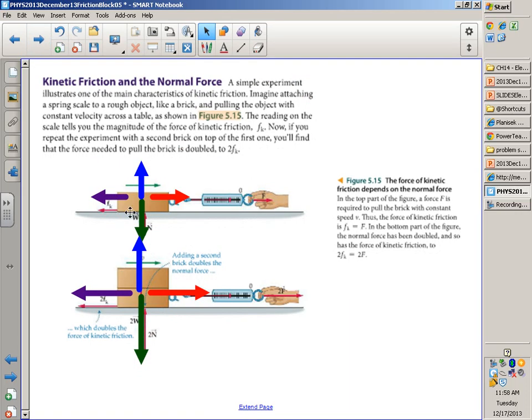We also talked about the relationship between kinetic friction and normal force. The normal force acting on an object, this blue arrow that points upward, is related to the amount of frictional force that an object feels.